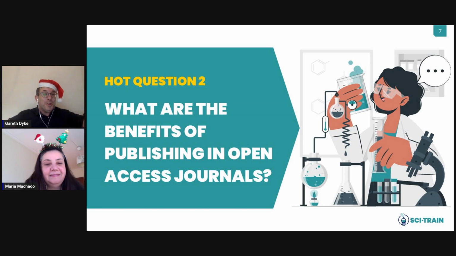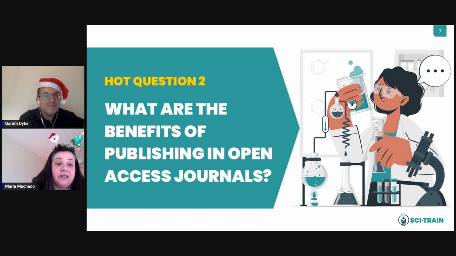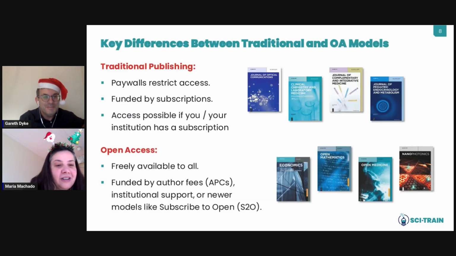Which brings us to our question number 2, Maria. What is hot question number 2? So the benefits of publishing in open access journals, and this is particularly relevant in journals that have article processing charges. So you should always consider, why are you paying money to have your research published?